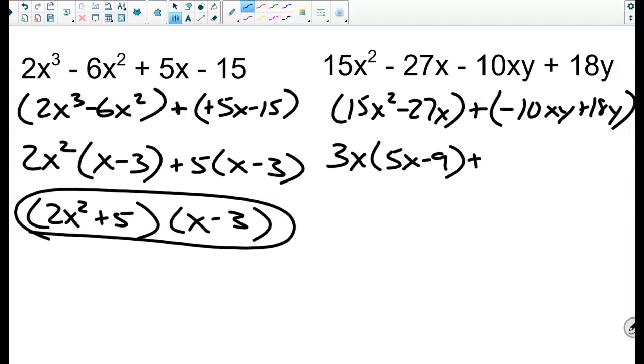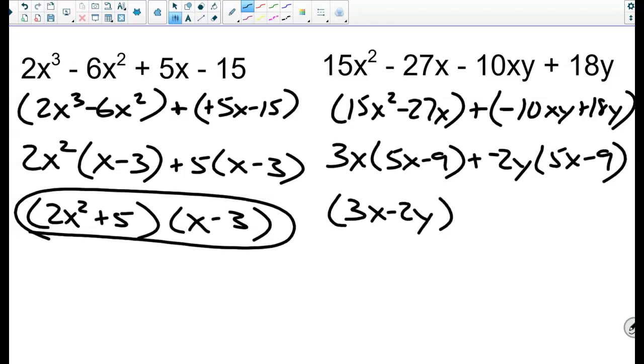Pull a negative 2y out of here, and I'm left with 5x minus 9. It's imperative you get the same expression in each parenthesis. And we're left with 3x minus 2y, 5x minus 9.